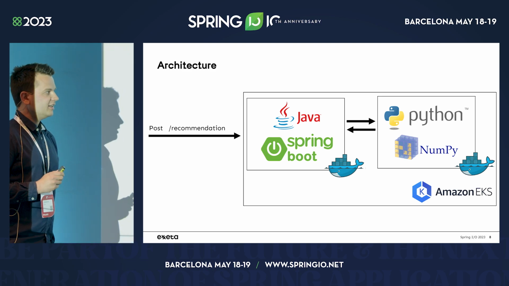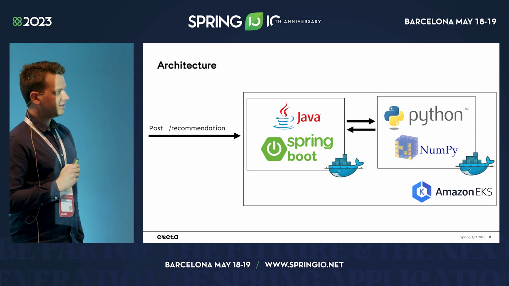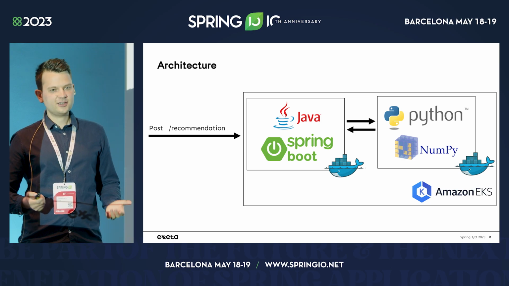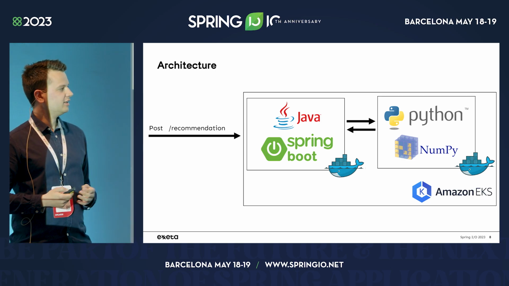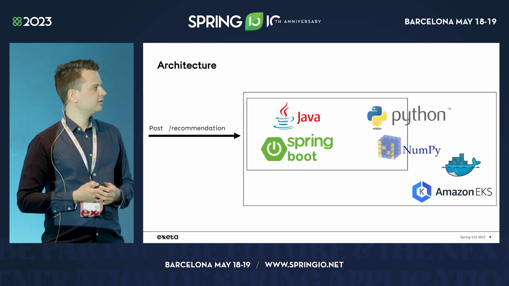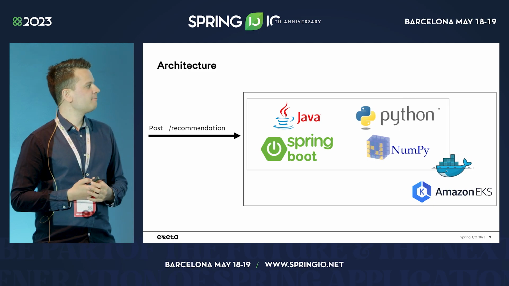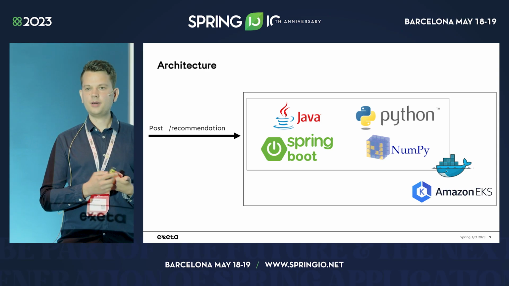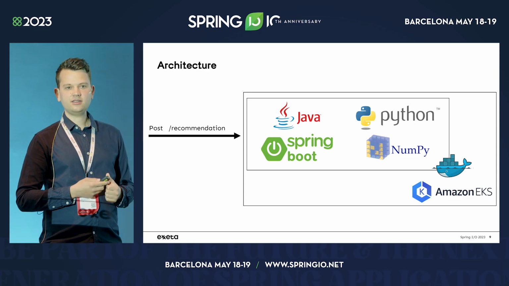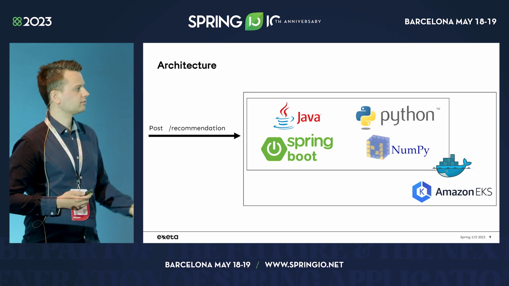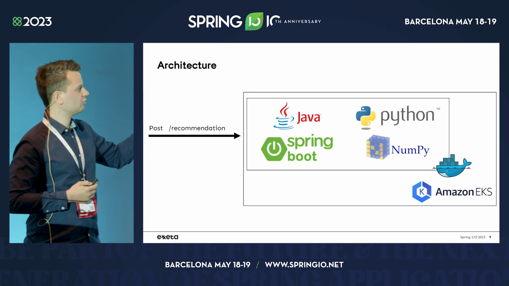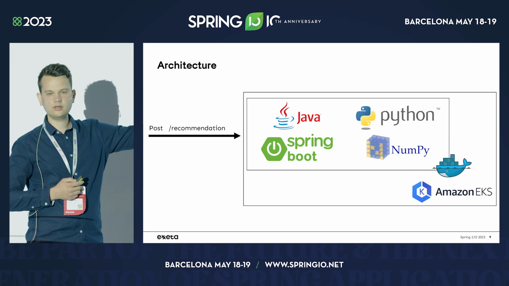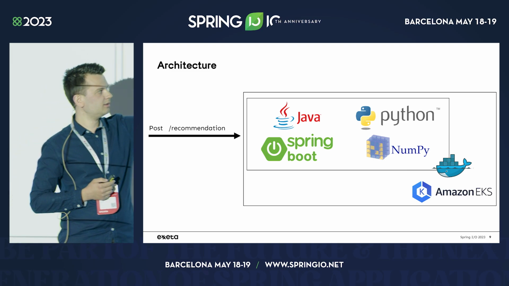In my opinion, it would be a much better solution if we could use Python like a JVM language directly in Spring. Like this. In this case, we don't have to set up and maintain the new microservice. We also don't have to re-implement the models from Java and Python, because we can just import them.